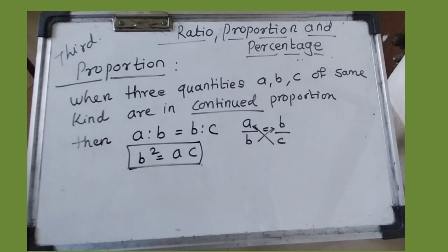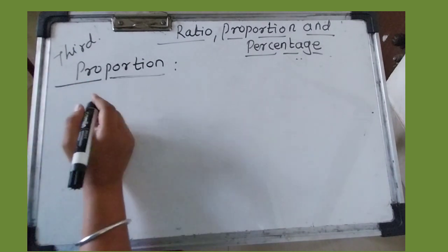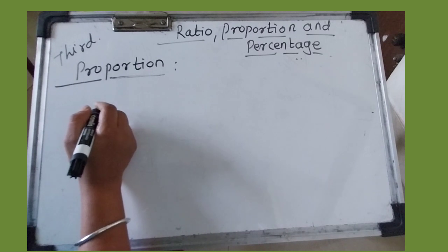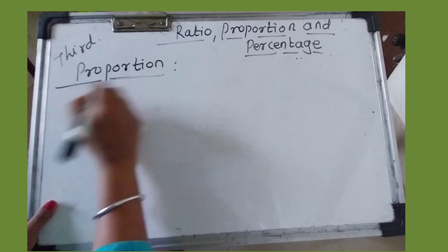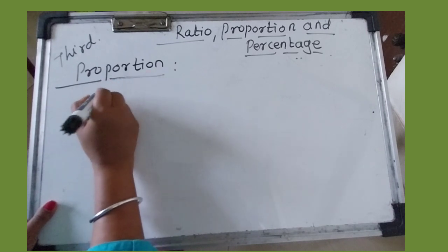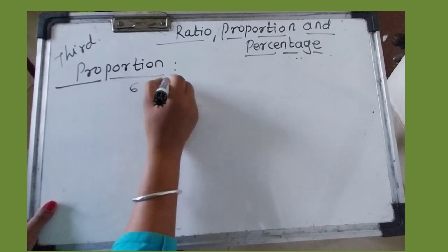Very simple topic. I'll take one example. Find the third proportion of 6 and 24.